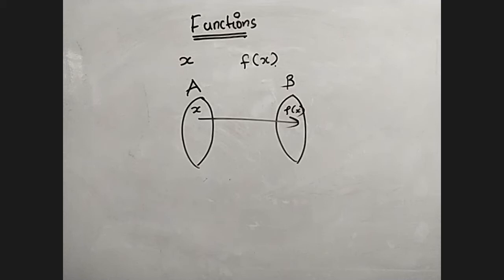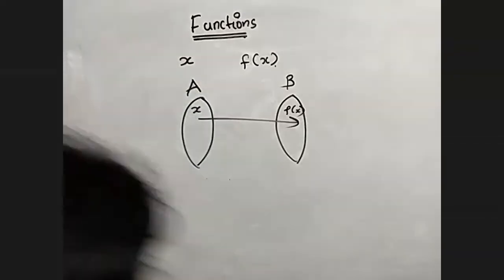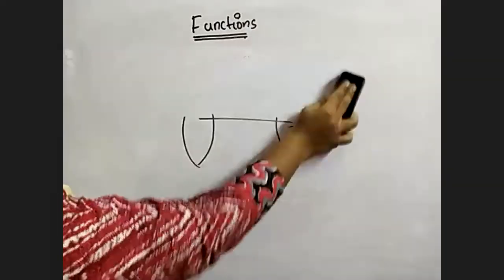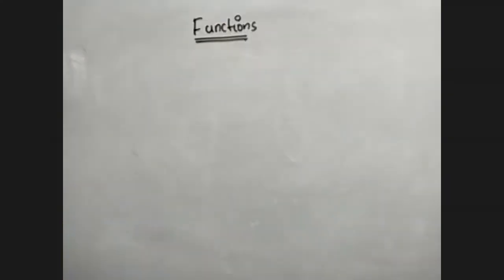But what you need to understand from this topic is what is one-one function, onto function, many-one function. There are certain terms that you need to understand. So first of all, see what is one-one function and many-one function.